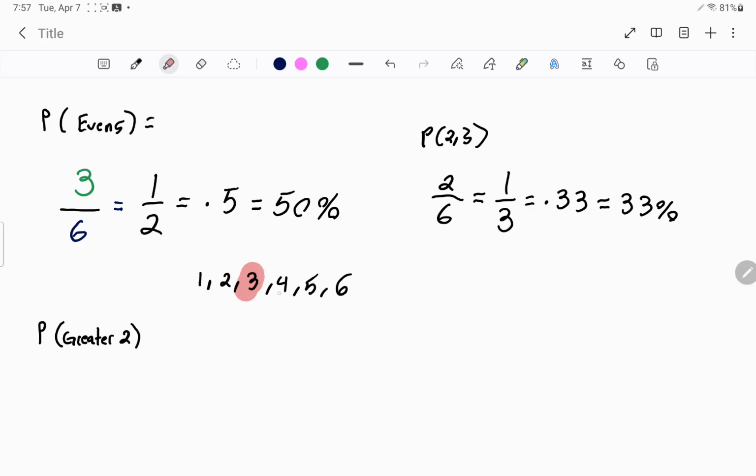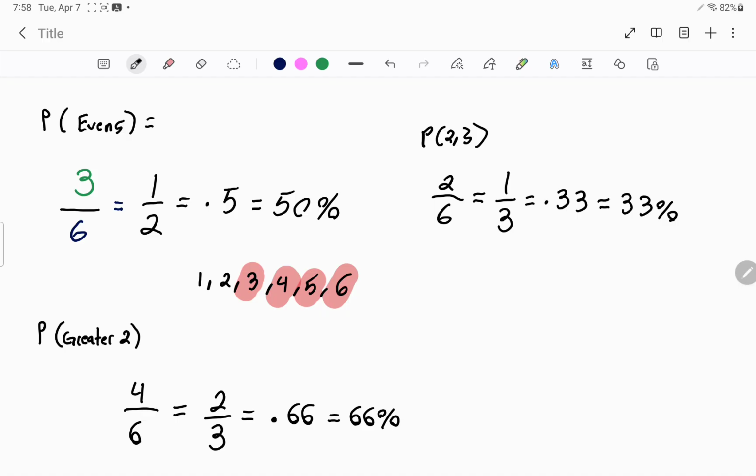It says just 3, 4, 5, and 6. All of those are greater than 2. So it's going to be 4 over 6. Now 4 over 6 can be simplified as we can divide it by 2. So 2 over 3. Okay. Now that changes to 0.66, and it can be 66%.